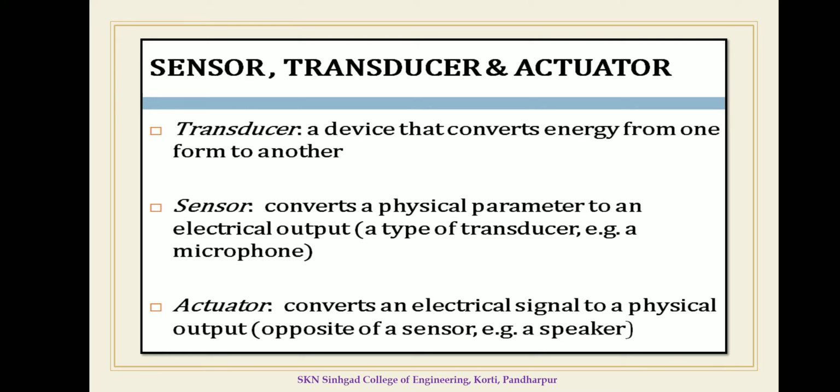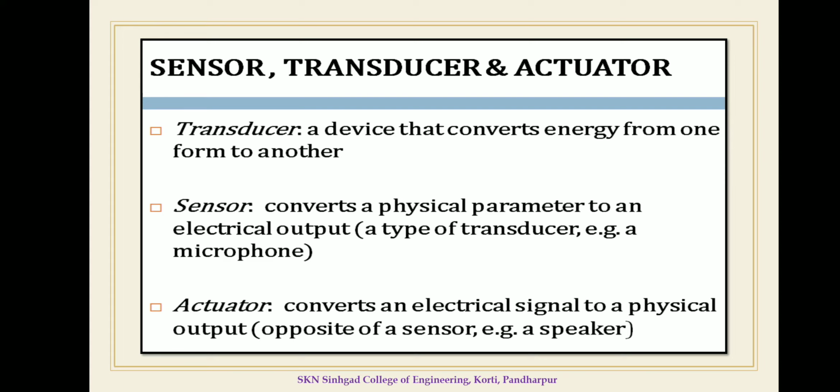So there are different characteristics of sensors like response, range, sensitivity, accuracy, linearity. Response: the sensor should be capable of responding to change in the sensed variable in minimum time.